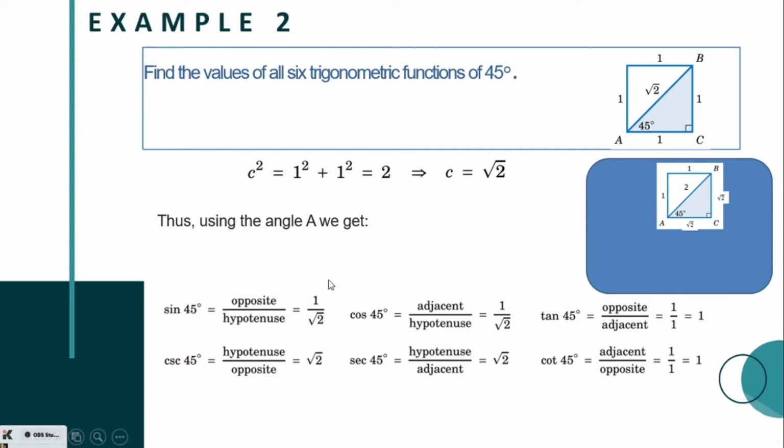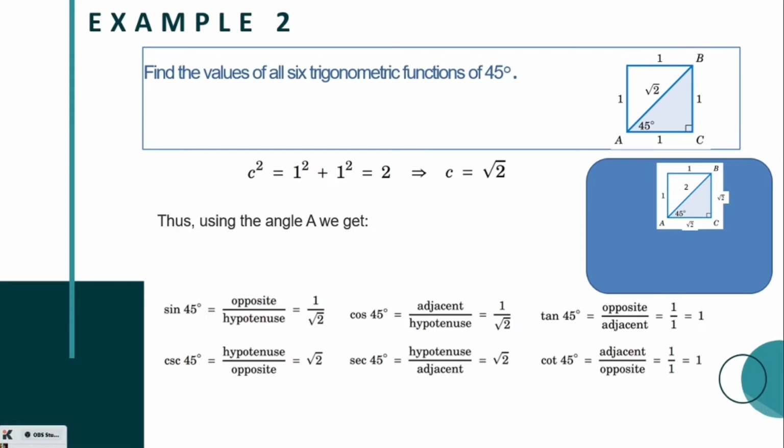I mean, the numerator and the denominator could be multiplied by square root of 2. Both of them will be multiplied by square root of 2, so as to remove the radical in the denominator.